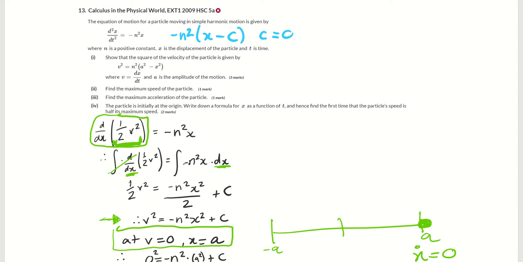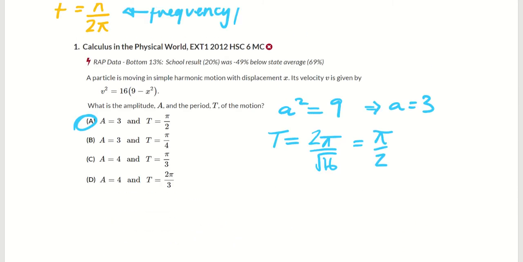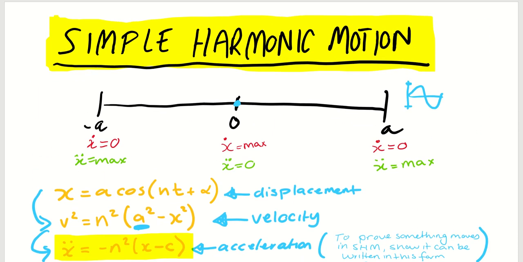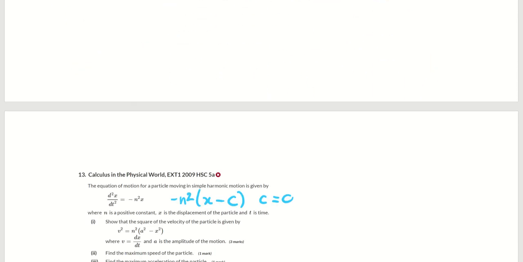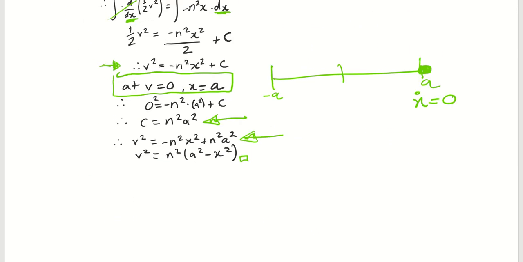So this part just wants you to find the maximum speed. Thinking back up here to our straight line with a bit more information on it, when is our speed a maximum? When x equals 0. Okay, so we have now a formula for our speed, or our velocity I should say, and we just need to know when v squared equals n squared outside of a squared minus x squared.